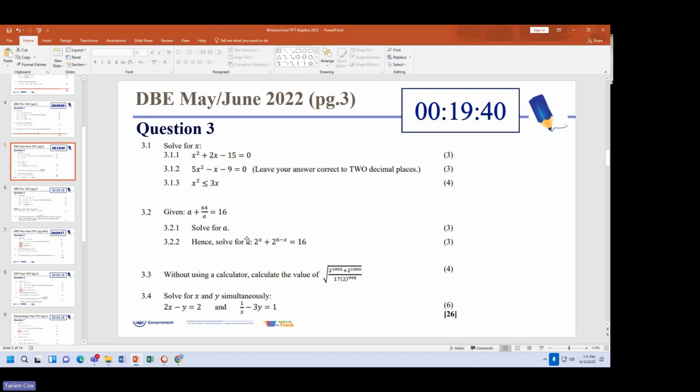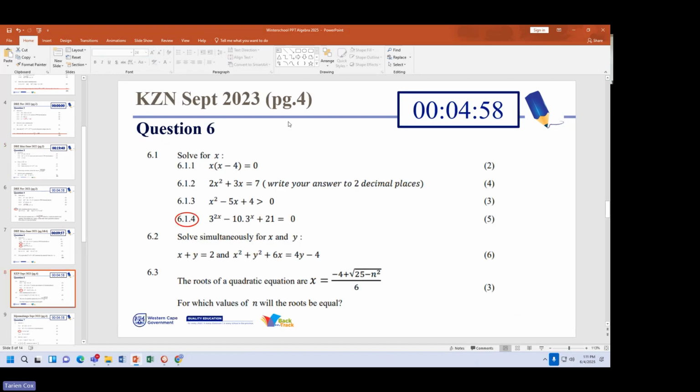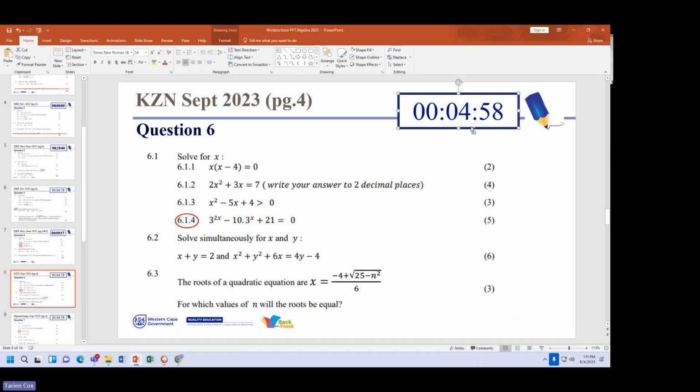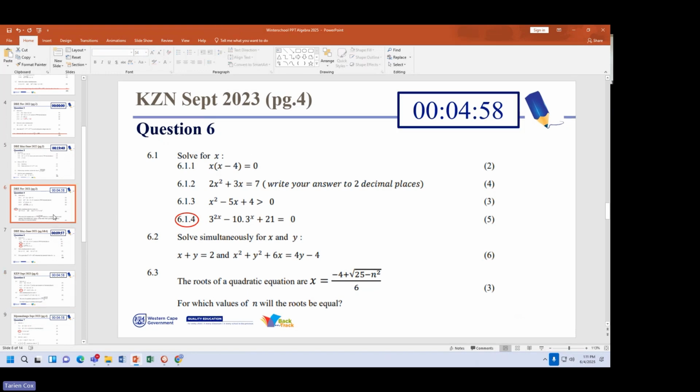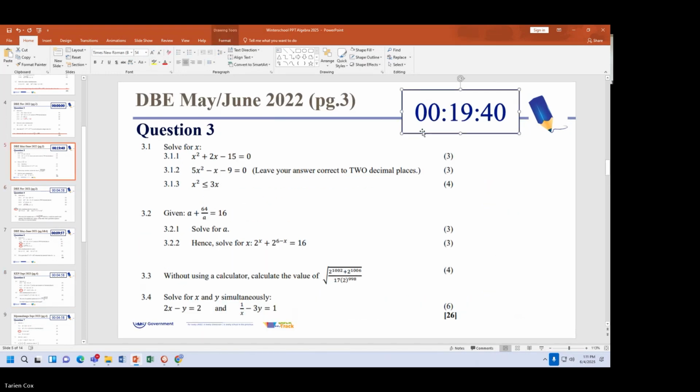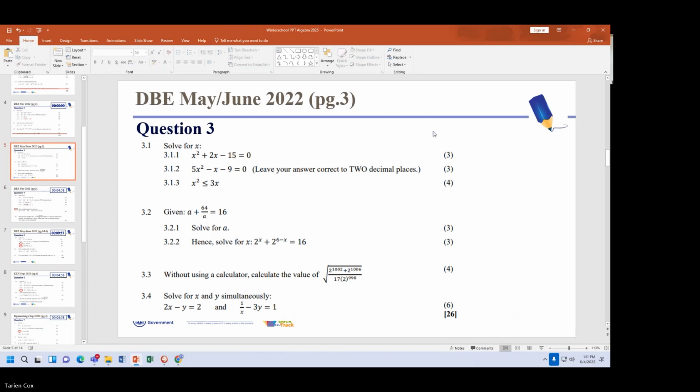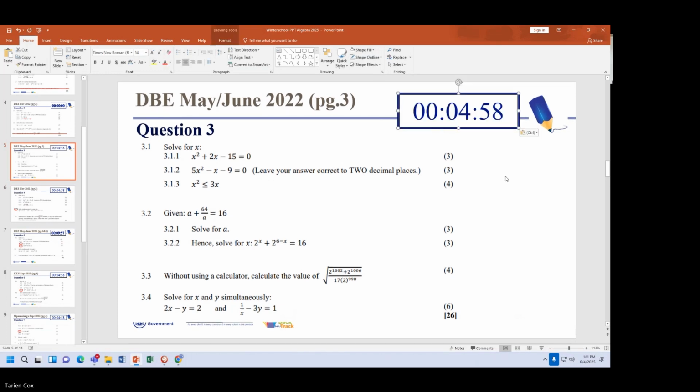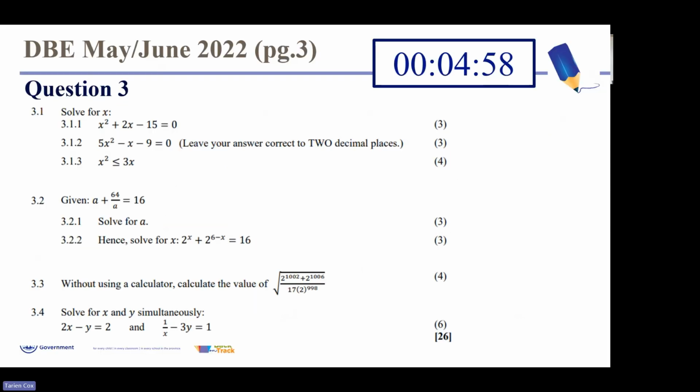So 3.2 is what we are looking at. Just summarizing again, 3.2, and you will have 5 minutes to complete. Good luck.